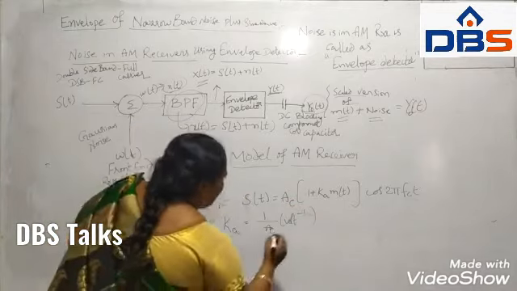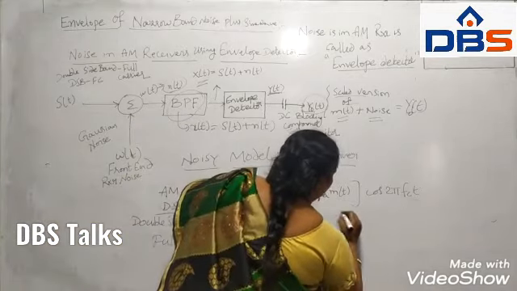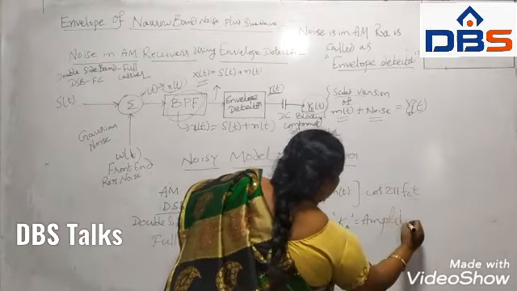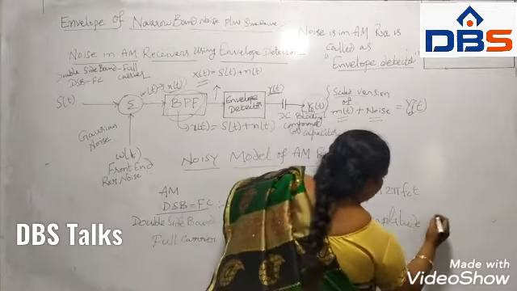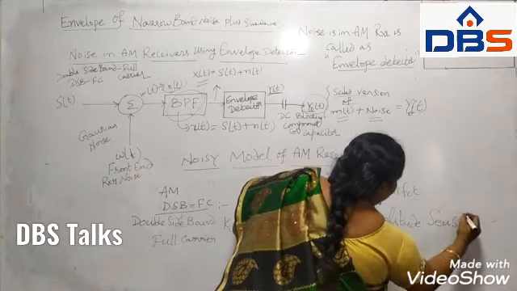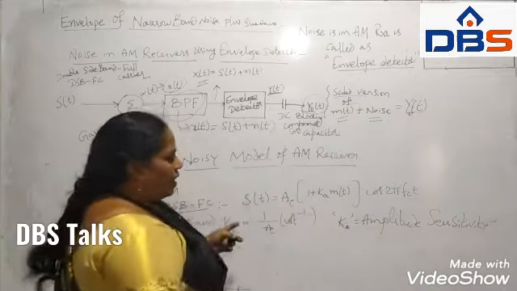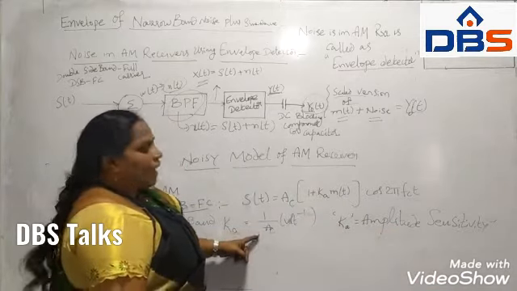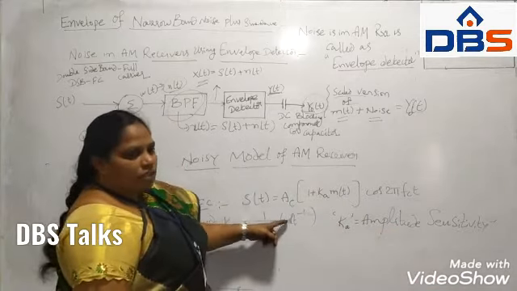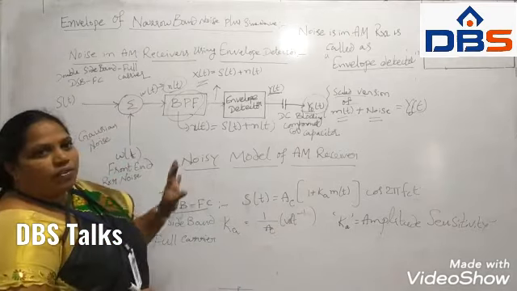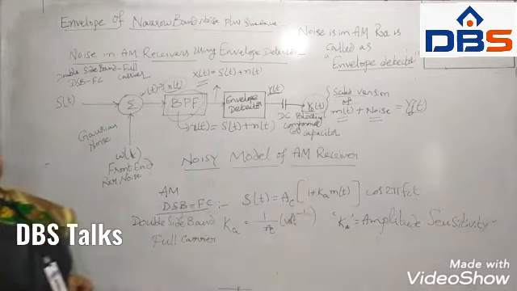Here we define Ka as the amplitude sensitivity constant. So this is the noisy model of the AM receiver.